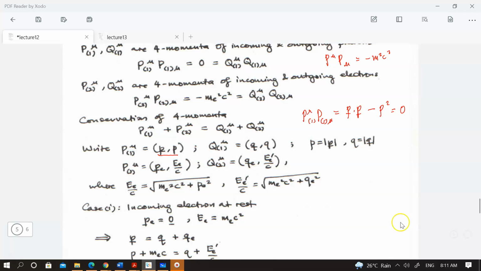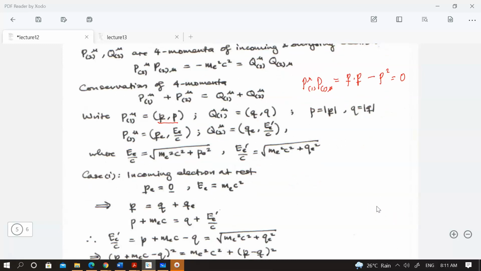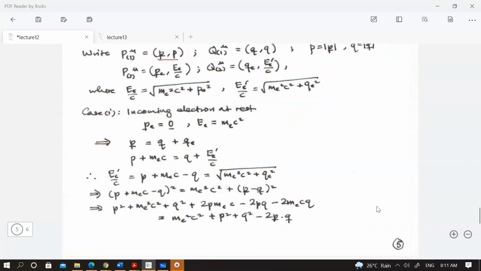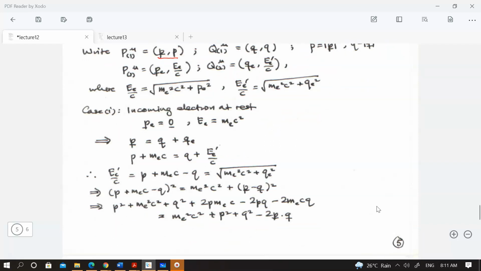So let's try to do the Compton scattering conservation of four-momenta.